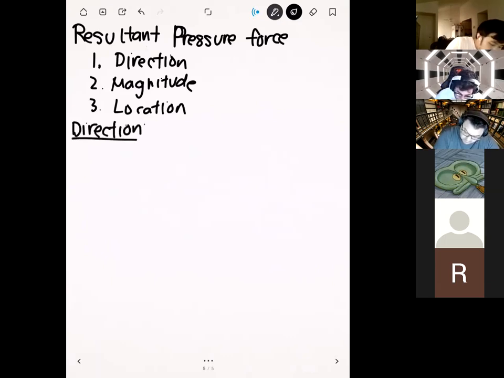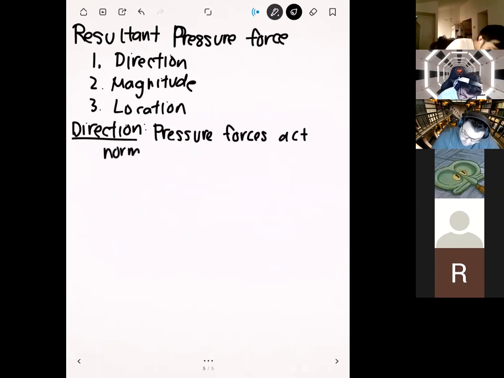We've been implicitly assuming the direction from all the figures here. But the direction of this force, just by the nature of being a pressure force, is always going to be normal to the surface. So pressure forces act normal to surface.